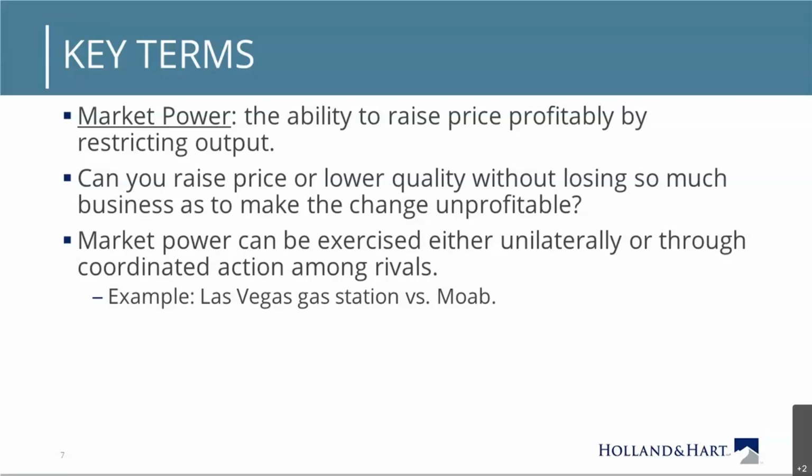And if you can do that, congratulations, you have market power. This can be exercised unilaterally. It can be done through coordinated action among different entities, but that is an example of market power. Again, that's what market power is. It's very context-driven, and let me give you an example of that.